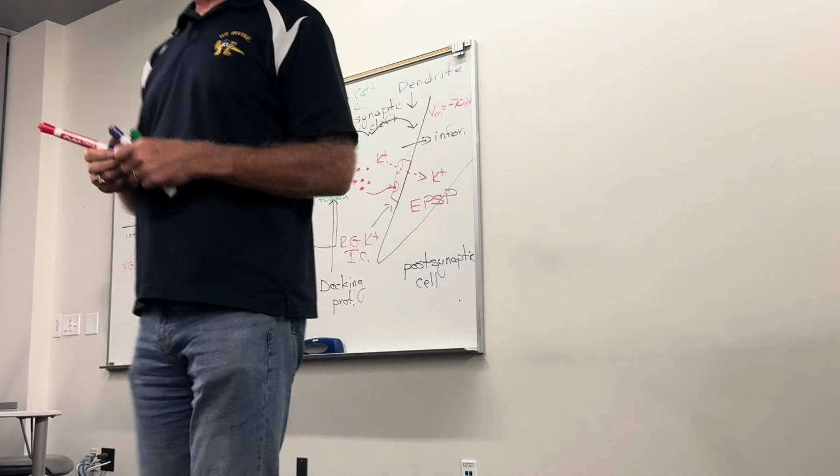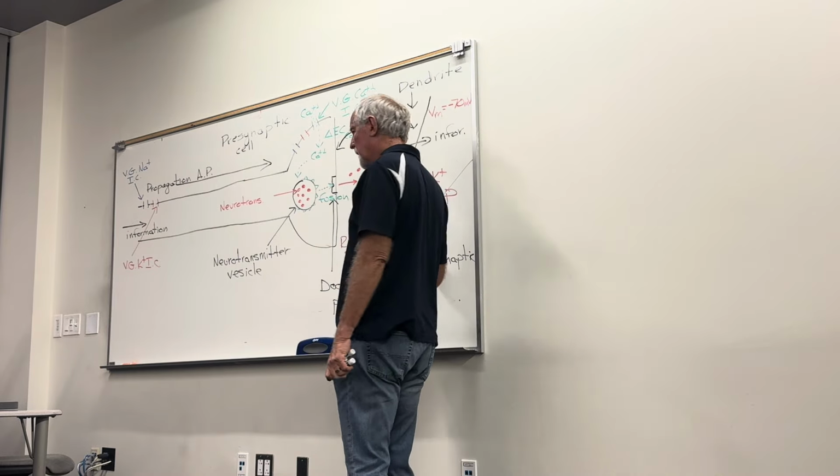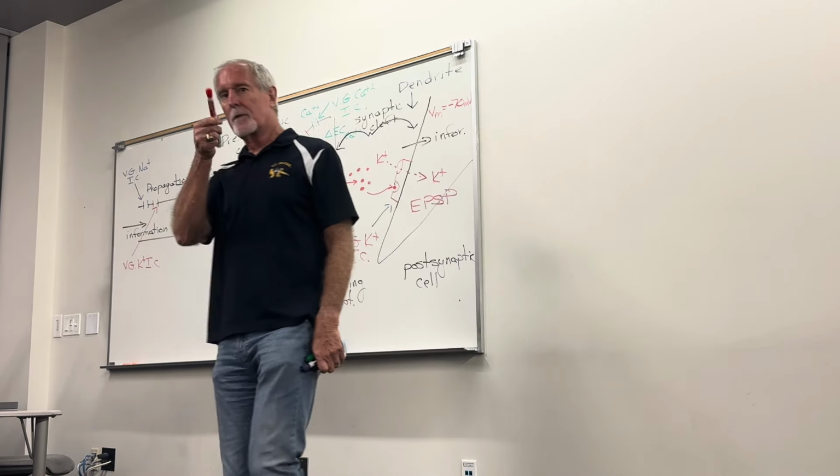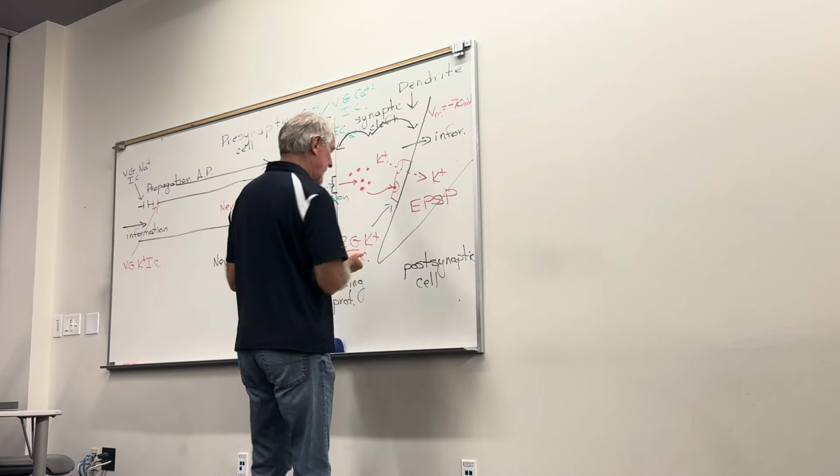So, the proper way to analyze this problem is that, I forget, what's the concentration of potassium inside the cell? Isn't it 140 millimolar inside, and then 4 millimolar outside of the cell?